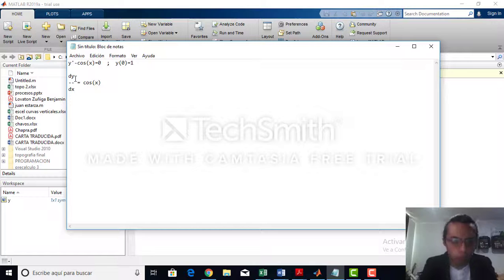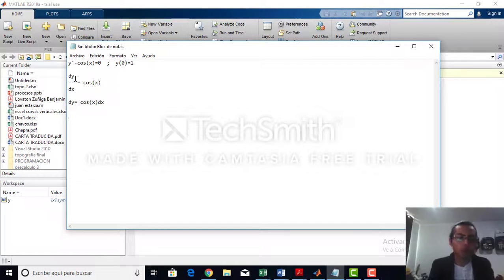Now we pass the dx multiplying, so we have dy equals cos of x dx. Now we can integrate. The integral of dy is just y, and we're going to equal it to the integral of cos of x, which is sin of x plus our constant.